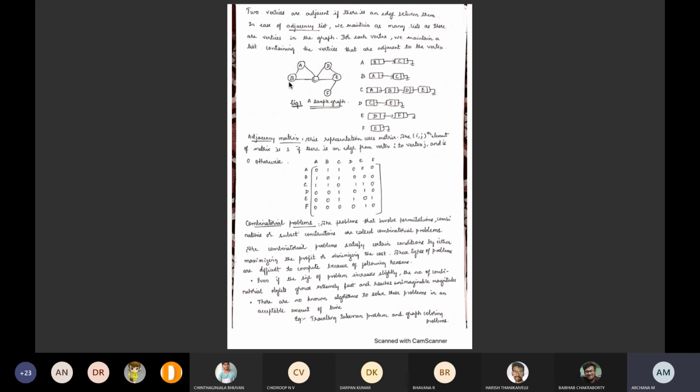Like that they color the nodes and keep the data in such a way that they hide it from a hacker so that he cannot hack the data. For that purpose graph coloring is used. And the travelling salesman problem is to find the shortest distance and shortest paths. So this question is very important: what is the definition of a graph and what is a combinatorial problem?